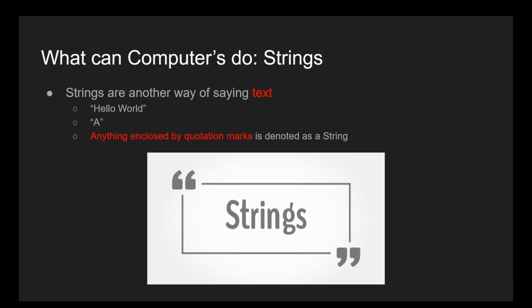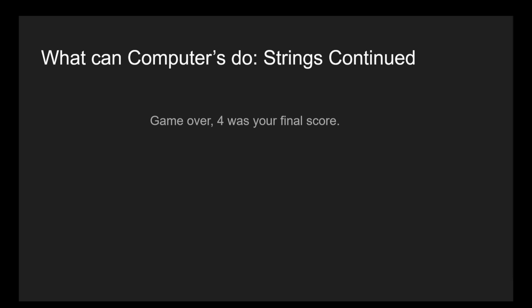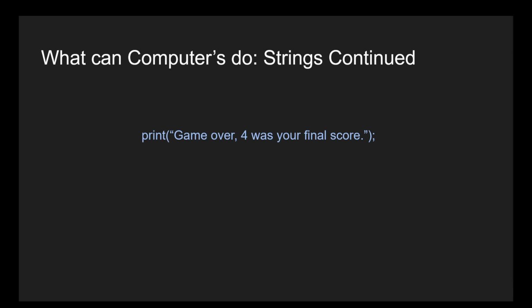We already talked about printing strings to the console, but let's say we're making a game and we want to print out the statement "game over, 4 was your final score." Now, while we could just make a string that says that exact phrase and print it out to the console, in some cases it would be more useful to print out the actual integer value, especially in the case of a game where the score can change each time you play, because the score definitely isn't always going to be 4.